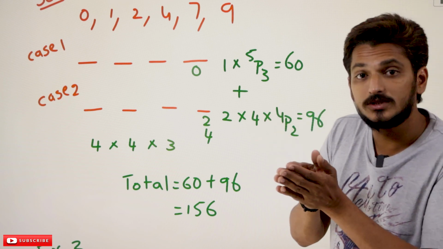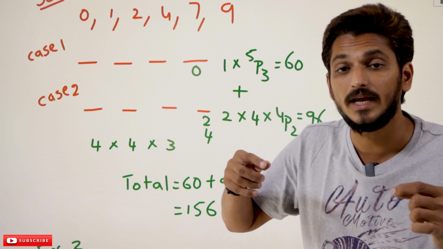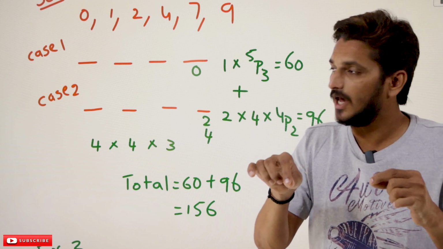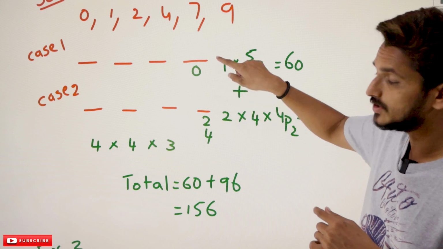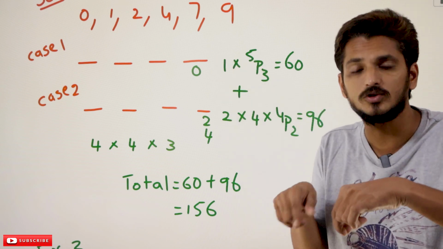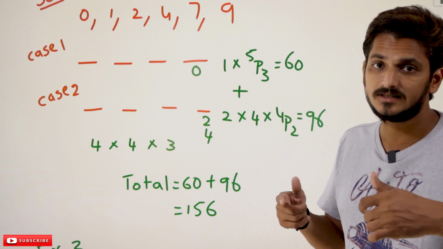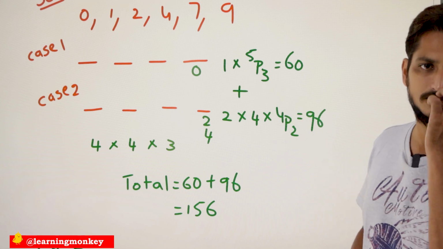These two possibilities are not going to happen at the same time. Either this happens or this happens. Happening of these 2 possibilities at the same time is not possible. In that case, we go with the addition.